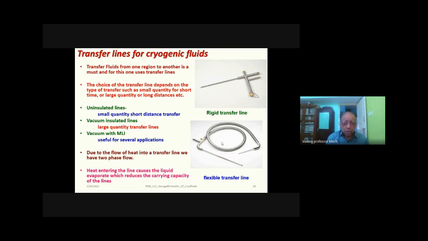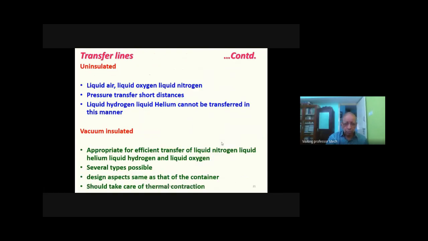Because of this extra heat that is coming in, it reduces the quantity of fluid that is transferred to the other end. So at the inlet, you may have some quantity X coming in, whereas what goes out will be X minus something, because of the loss by vaporization.